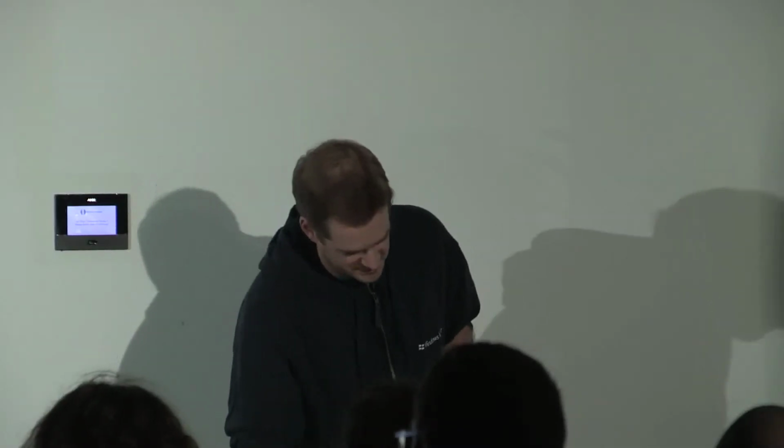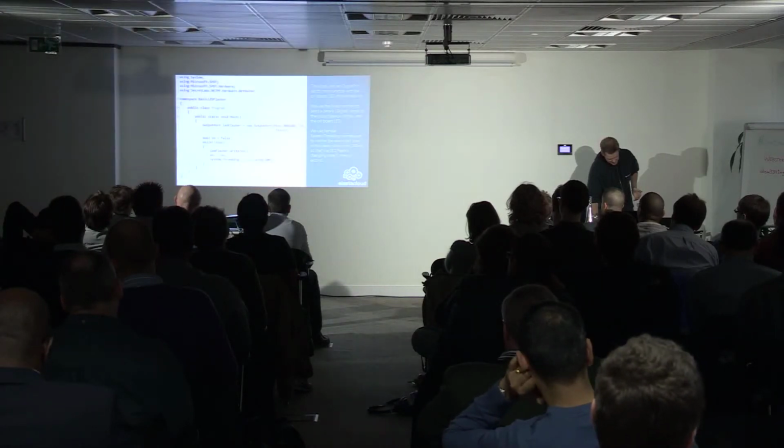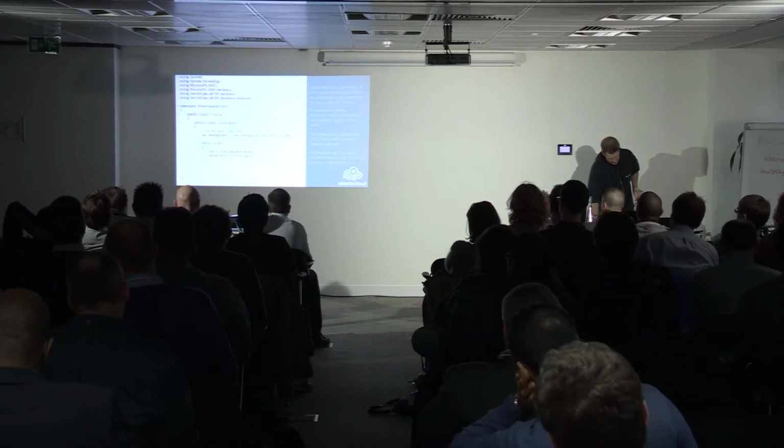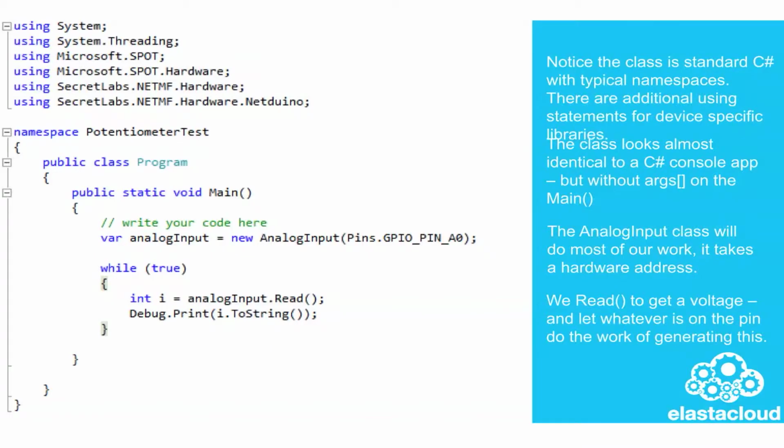And on the flip side of general purpose I/O, you can use the same style of code, sorry, I have to go backwards here, to do inputs as well as outputs. That's why it's general purpose input-output, because the same pins can be configured rather than just being an output port, as an analog input port, which allows you to do a read, as you see here, which returns an integer value.